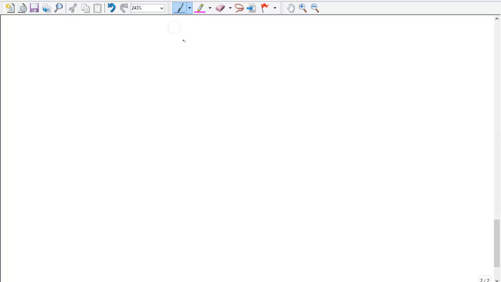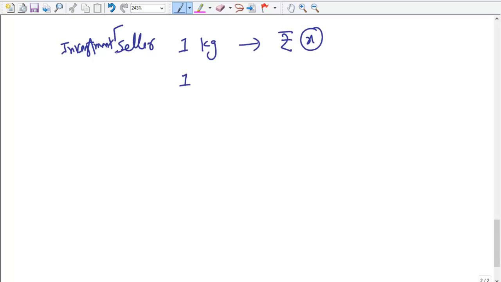In fact, you can simply say 1 kg investment is rupees X. The normal thing is this is seller investment. What buyer thinks is, my investment for 1 kg is going to be 0.8x. But in fact, he's not getting 1 kg.